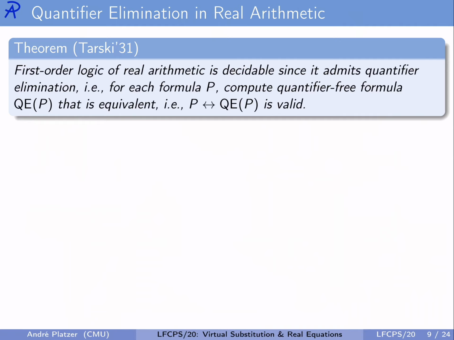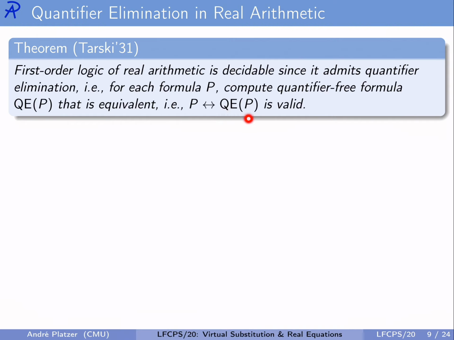That means for every formula P, one can compute a quantifier-free formula, the quantifier elimination of P, that is equivalent, meaning the formula P equivalent to QE of P is a valid formula of real arithmetic. And there's one algorithm that for every formula P of first-order logic of real arithmetic will produce as output a quantifier-eliminated version of it.